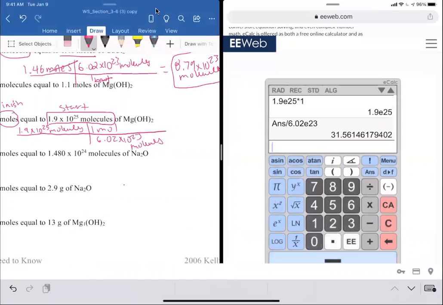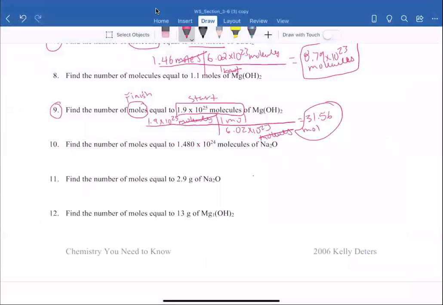And we get 31.56, and so on and so forth. We're going to do 31.56 because the 6 doesn't round up. Molecules crosses out, and that would be moles. And that's it.